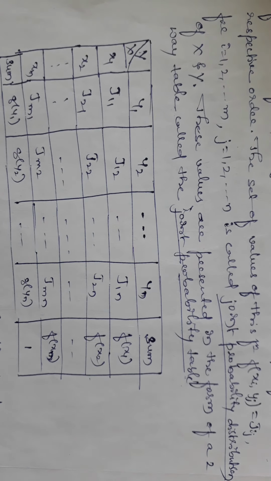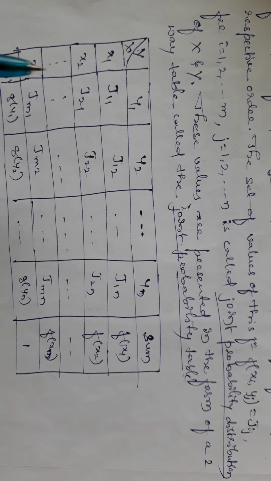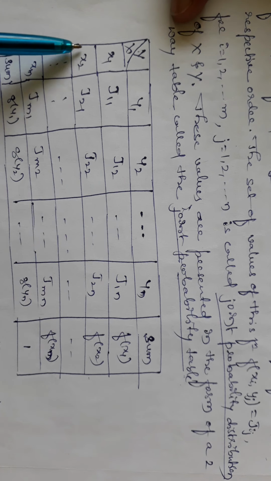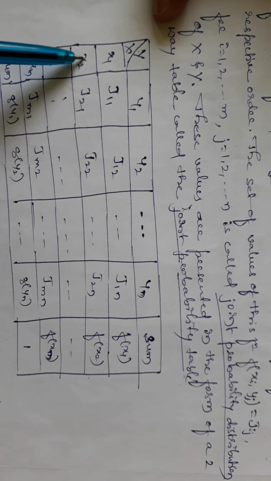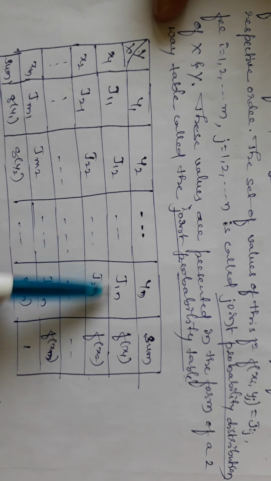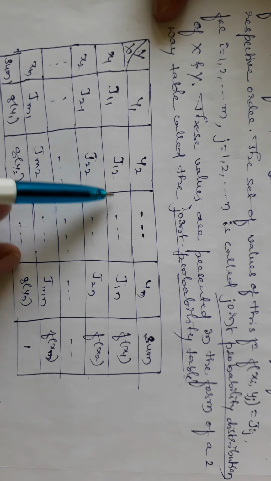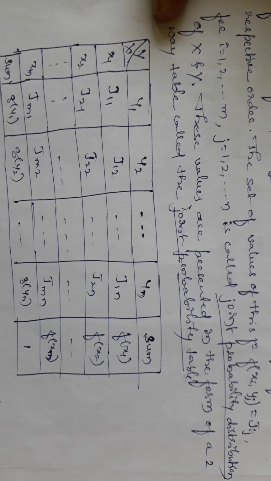In the table we have Y values and X values, with X values row-wise and Y values column-wise.